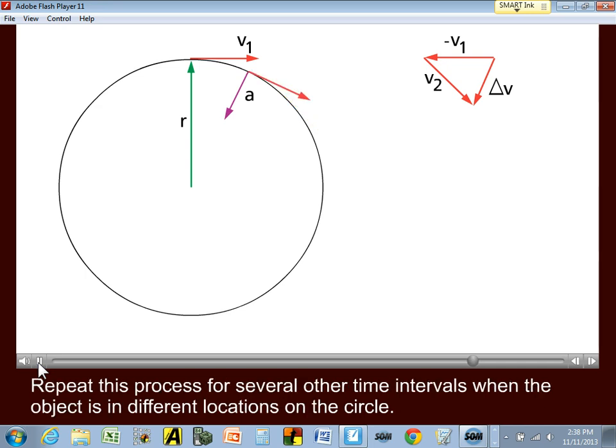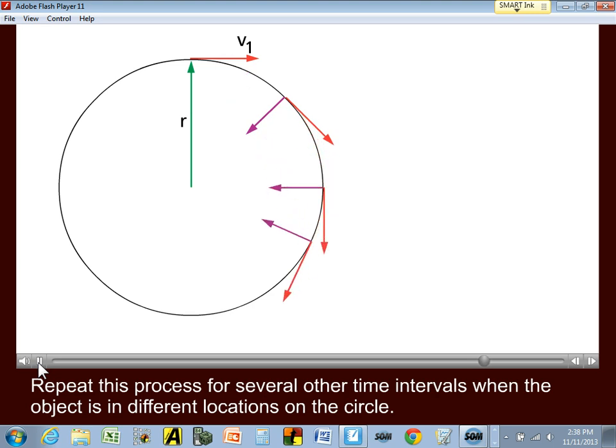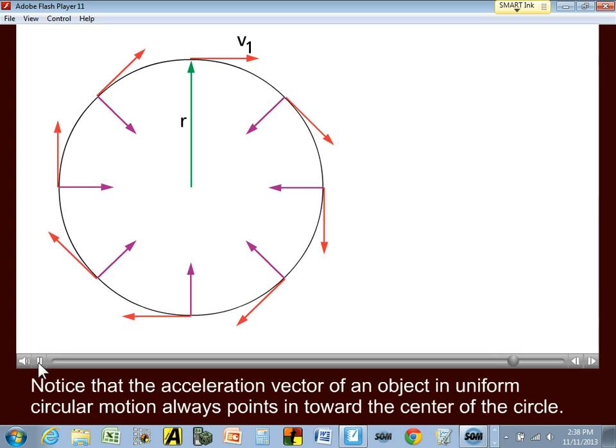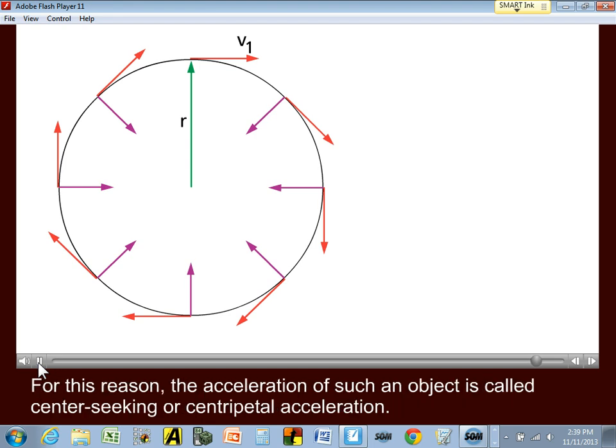Repeat this process for several other time intervals when the object is in different locations on the circle. As the object moves around the circle, the direction of the acceleration vector changes, but its length remains the same. Notice that the acceleration vector of an object in uniform circular motion always points in toward the center of the circle. For this reason, the acceleration of such an object is called center-seeking, or centripetal acceleration.